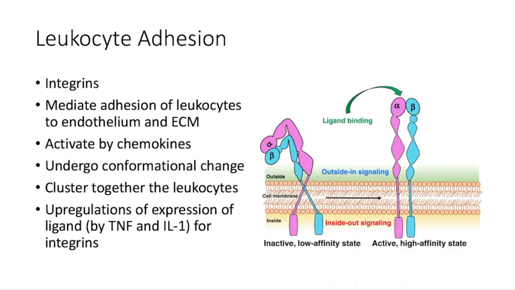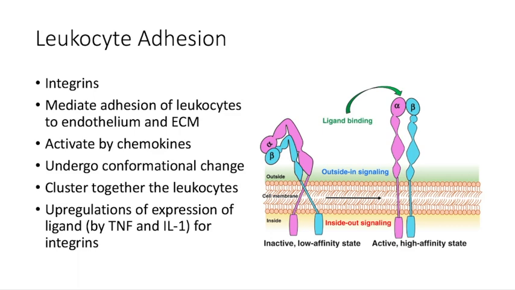The other thing is integrins. Integrins are other mediators for adhesion. They mediate adhesion of leukocytes to the endothelium and the extracellular matrix. So they're a little bit more deeply rooted, not just on the cell surface. They're going to go down into that extracellular matrix. They are activated by chemokines, which are produced at the site of the injury, and bind to the endothelial cell proteoglycans and are displayed at high concentrations on the endothelial surface.